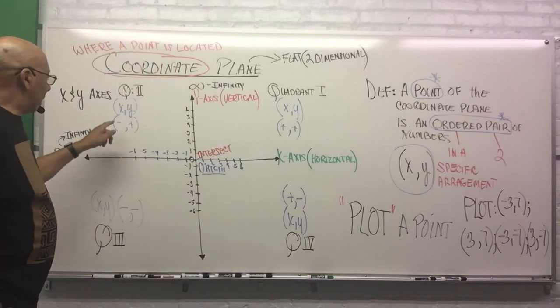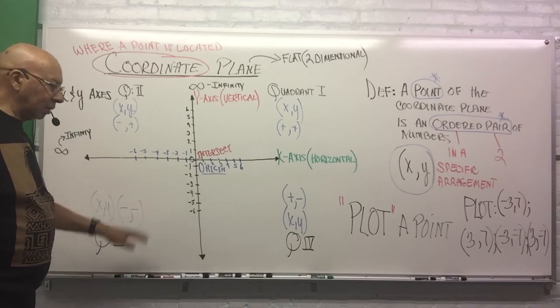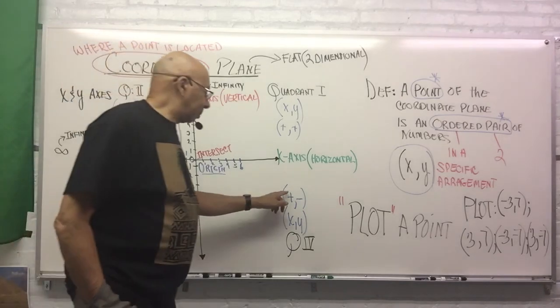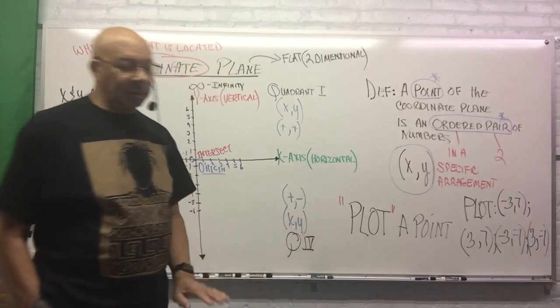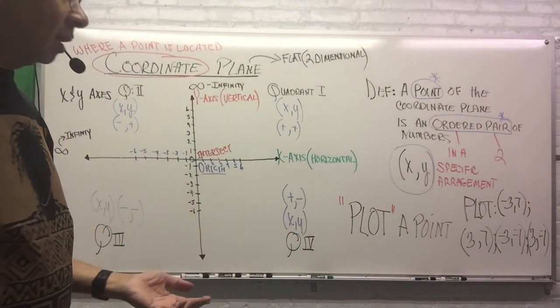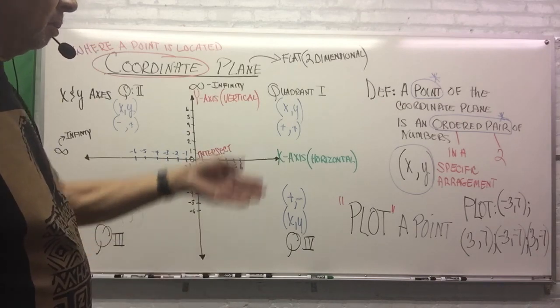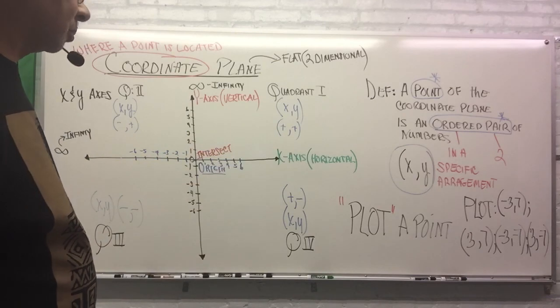Every point that's minus plus is in 2. Every point that's minus minus is in 3. And every point that's plus minus is in 4. So you don't have to plot the points if you understand the concepts, because you know where the points are going to end up without plotting them.